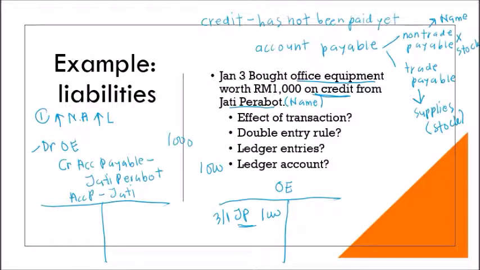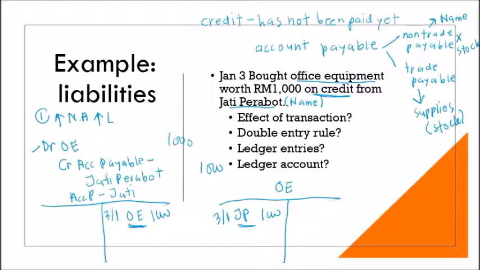For Jati Perabot's account, 3 Jan, you record as office equipment amounting to 1,000. So you know that you owe Jati Perabot for buying office equipment. This is why you record the contra account.